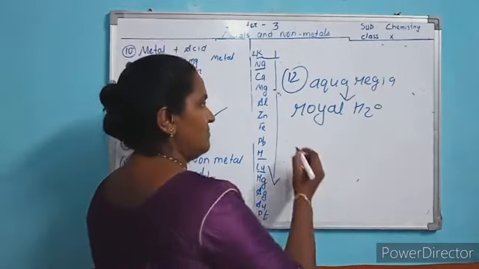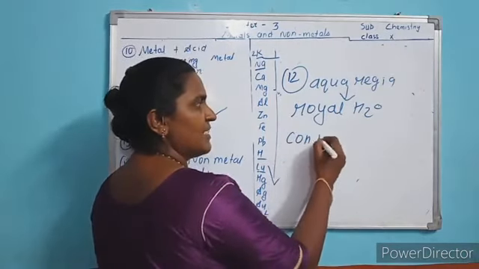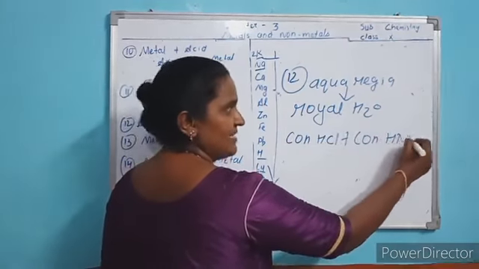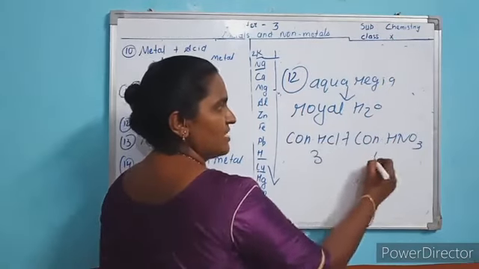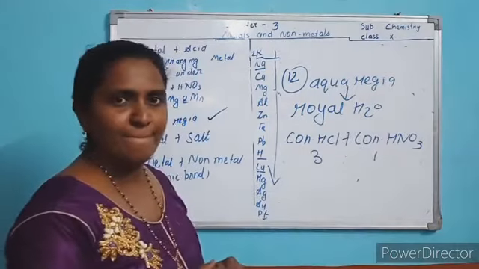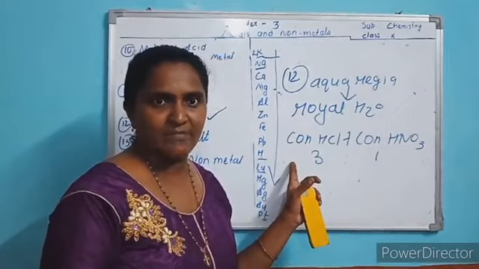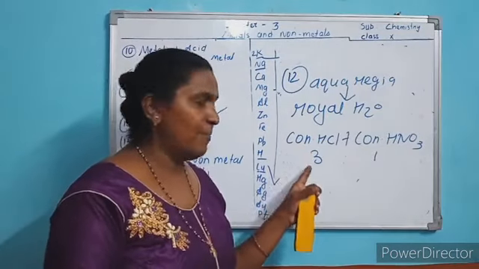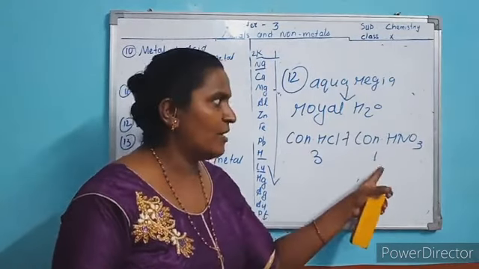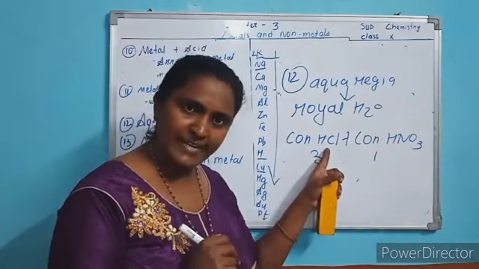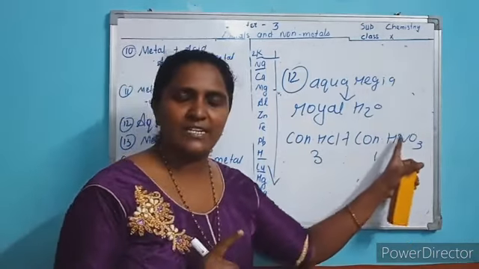Aqua regia is a mixture of concentrated HCl with concentrated nitric acid in the ratio of 3:1. You take concentrated acids, and you mention concentrated. 3 parts of concentrated HCl with 1 part of concentrated nitric acid, or 3 liters of concentrated HCl with 1 liter of concentrated nitric acid.